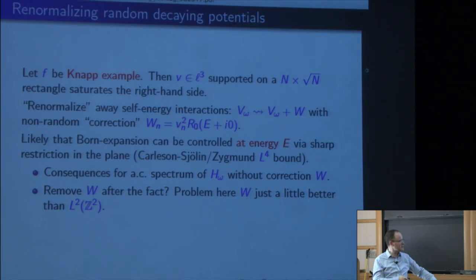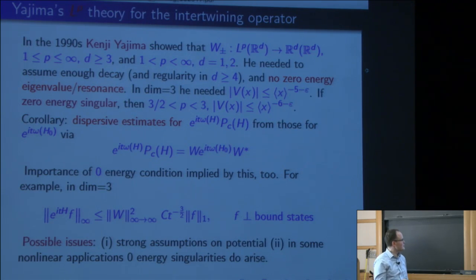Actually, it's a little bit better because Jean is willing to give away n to the minus epsilon losses, so a little bit of logarithmic leaking doesn't matter here. But I do not understand exactly how you would renormalize here. He does say one should remove these self-energy loops, but how that works is not so clear.